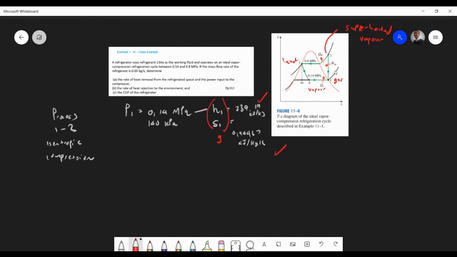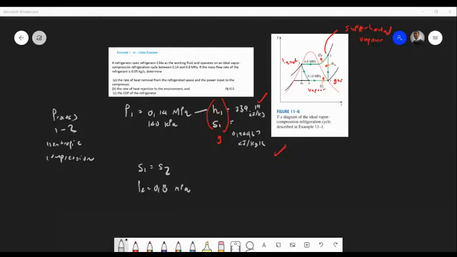What we need to do now is find our enthalpies there. We know that S1 equals S2, and we also know it works with a condensing pressure of 0.8, so P2 is also 0.8 MPa. So now we have to go to another table.